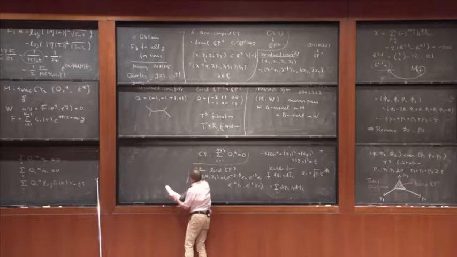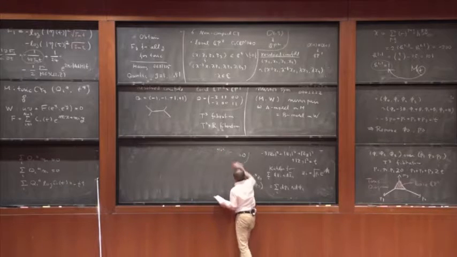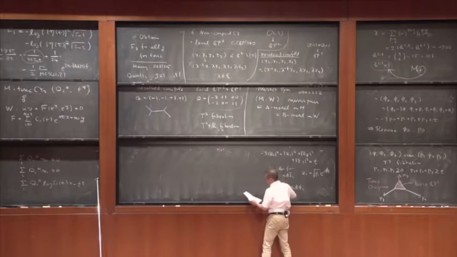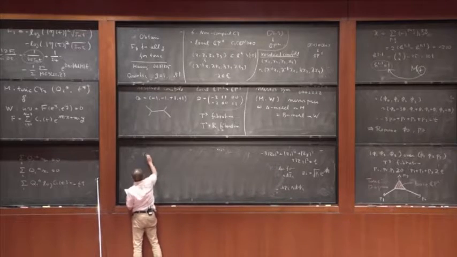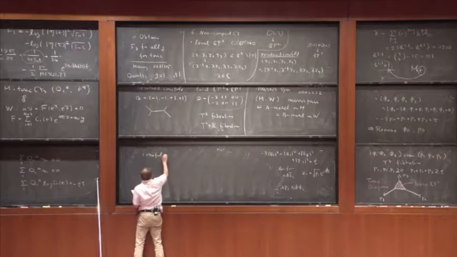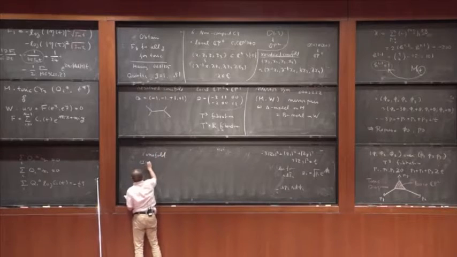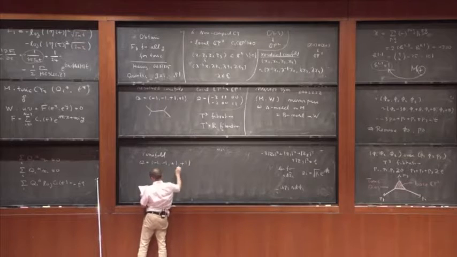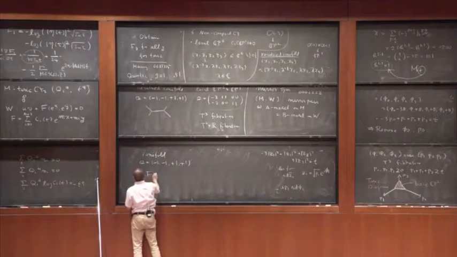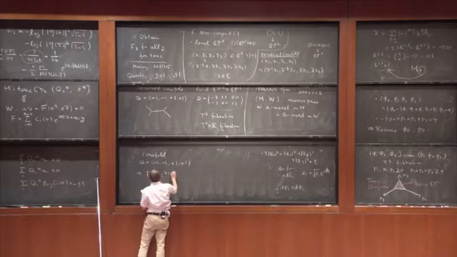But there is also a D-brane way of deriving this mirror partner. For example, in the case of the conifold, where Q is -1, -1, 1, 1, the resulting f is given by this.